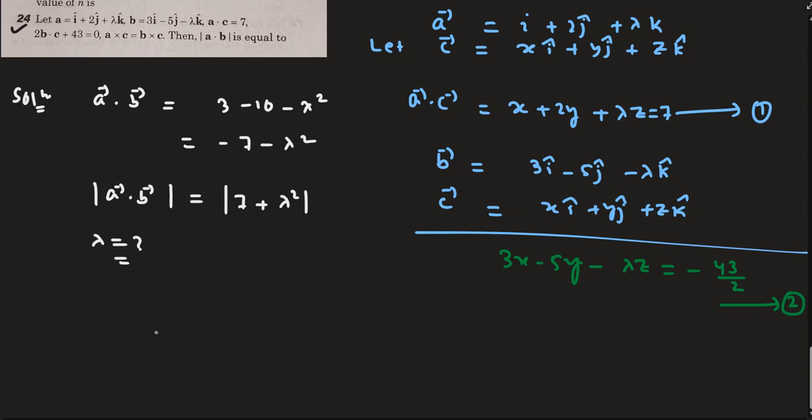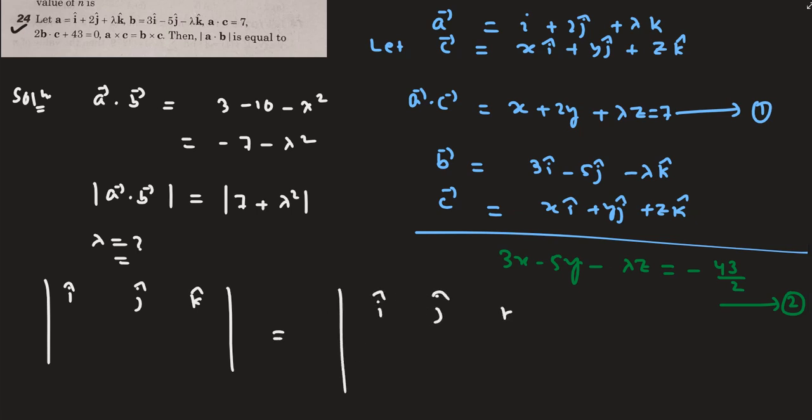Next I have to take the cross product with i, j, k. So A cross C is the same as B cross C. For A cross C, A is 1, 2, lambda, and x, y, z; the B vector is 3, minus 5, minus lambda, and this vector x, y and z.